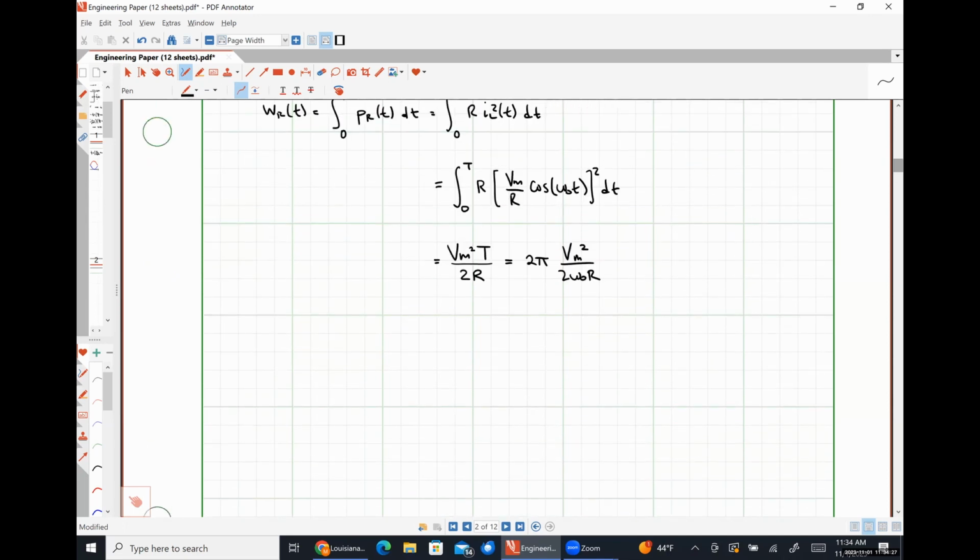Our quality factor Q is defined as 2 pi times our energy stored in our system divided by the energy lost or dissipated per cycle.